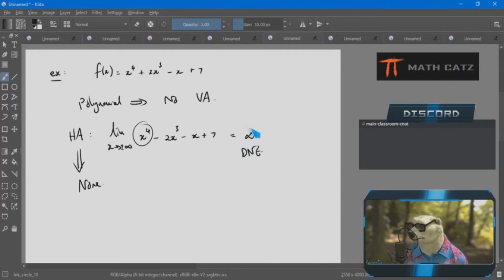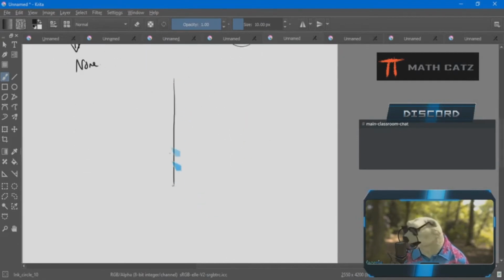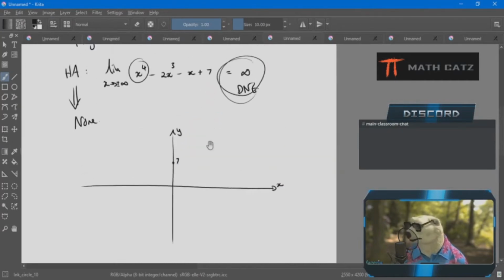However, I can say a little bit in terms of the long-term behavior, as little as I can say, which is extra information, and I do want to include it if I'm ultimately looking to graph it. Remember we had a y-intercept of, was it 7? So what do I know here?